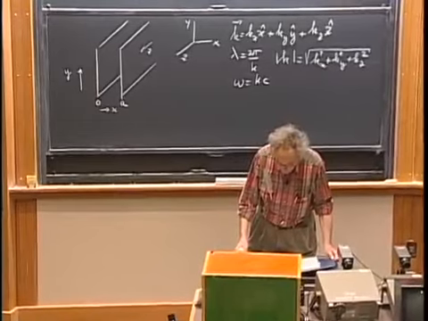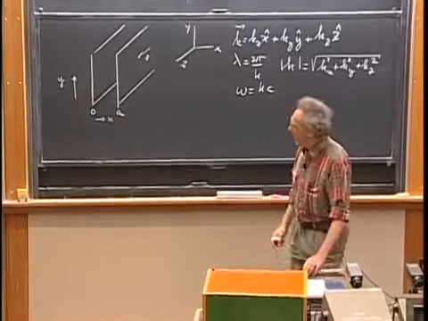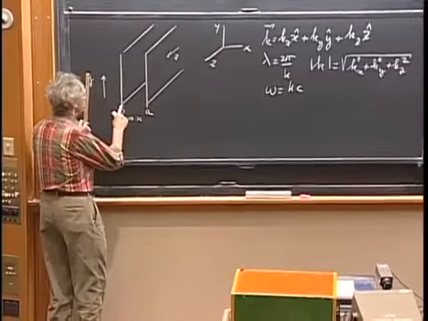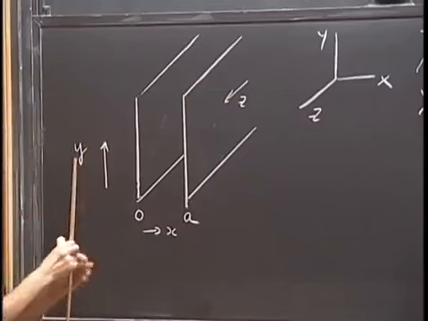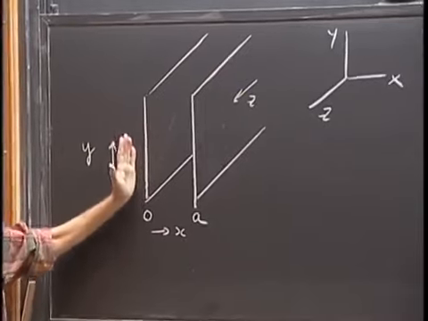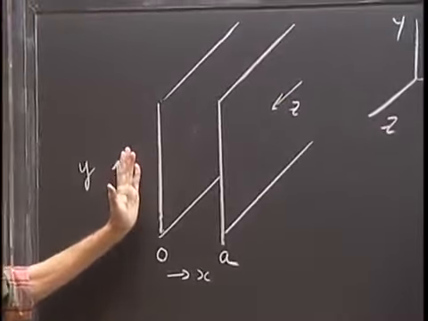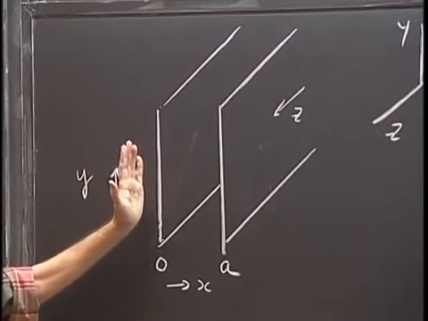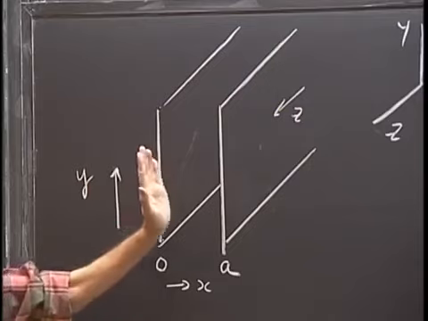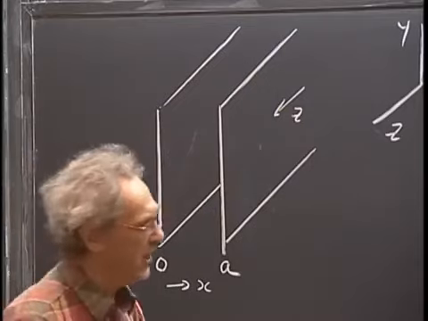So to meet the boundary conditions, the electric field, which is only in the y direction, must become 0 here and must become 0 there, because the electric field cannot be in this plane. You remember E of t, which was the tangential component at the surface of a conductor, must be 0. So E of y must vanish here, and it must vanish there.